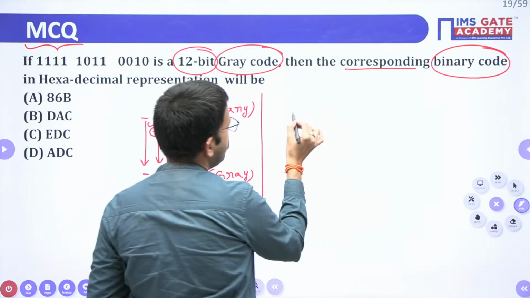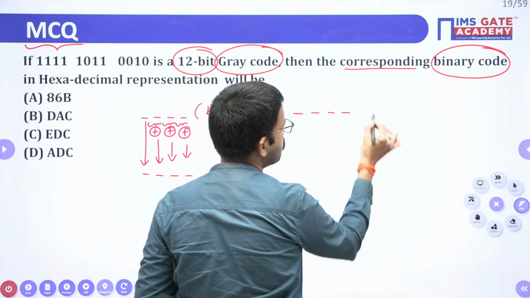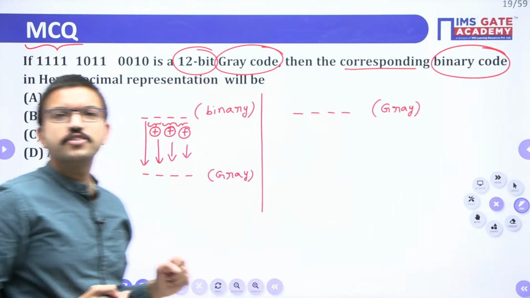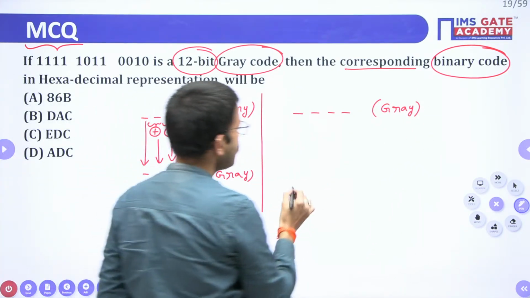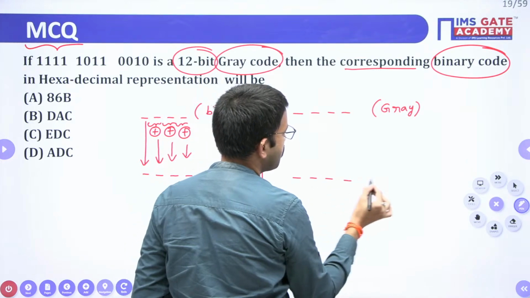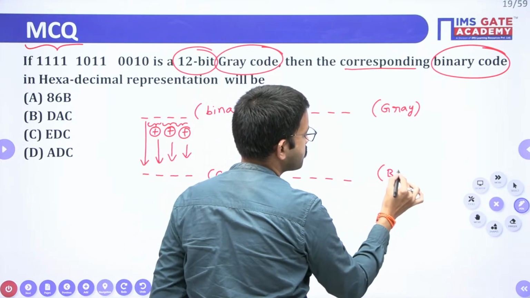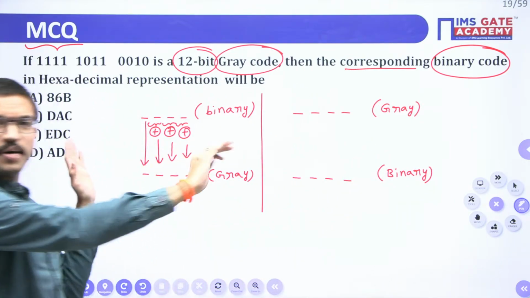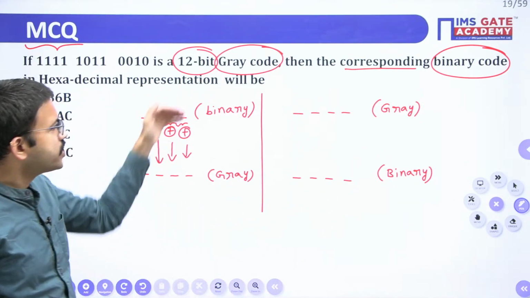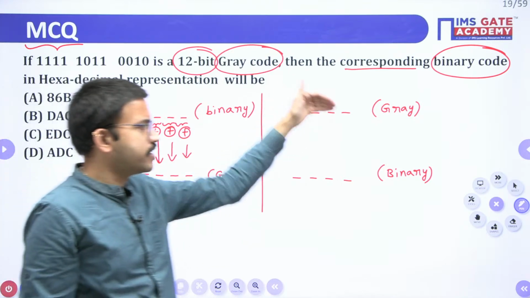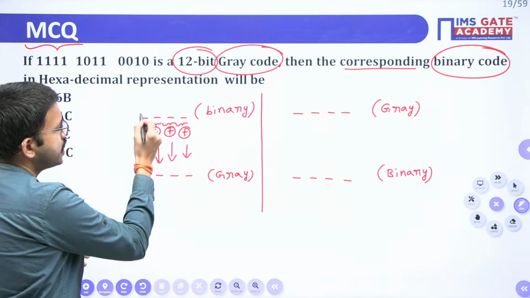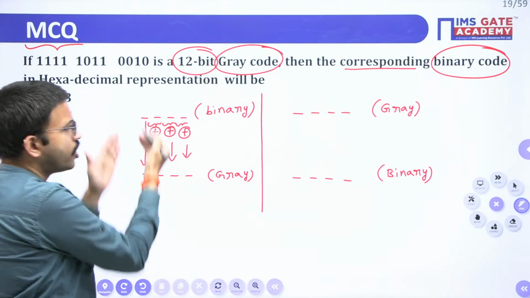Now say for example, if you are having the 4 bits which correspond to gray code, and you want to convert this gray code into binary. Whatever may be the number of bits, while you are converting from binary to gray or gray to binary, the first step is the same. Whatever the starting bit, leftmost bit you are having, you copy as it is.